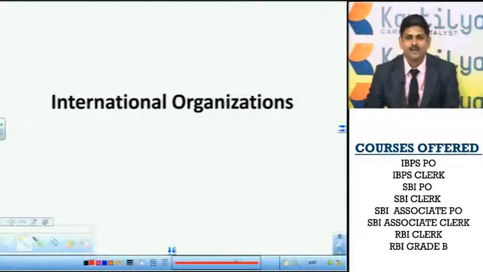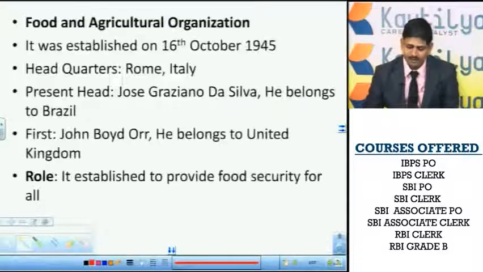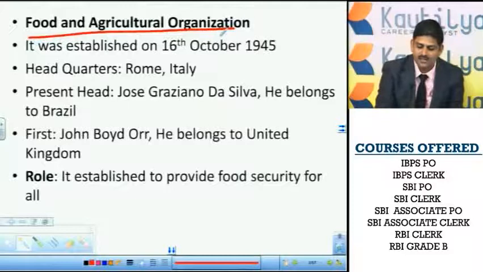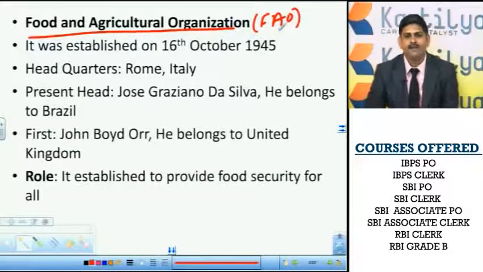Now let us see other international organizations which are helping the world in one way or the other through various contributions. Right. So let us see the Food and Agriculture Organization. Generally we write the abbreviation as FAO.